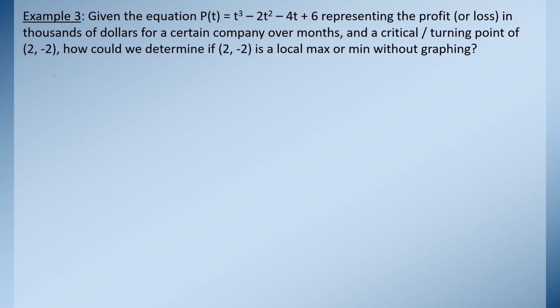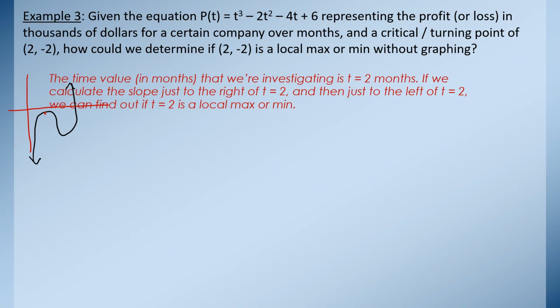If I had a graph like this, but my axes are here and here. Maybe that's my 2, -2 there. I don't know exactly. So how do we find out if it's a maximum or a minimum? The question's telling us it's a turning point, but how do we know?